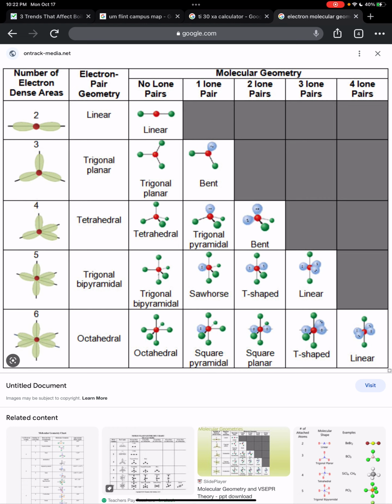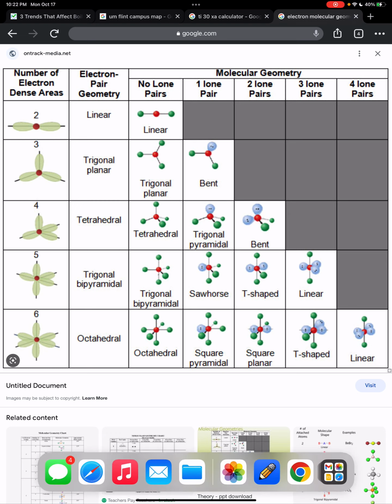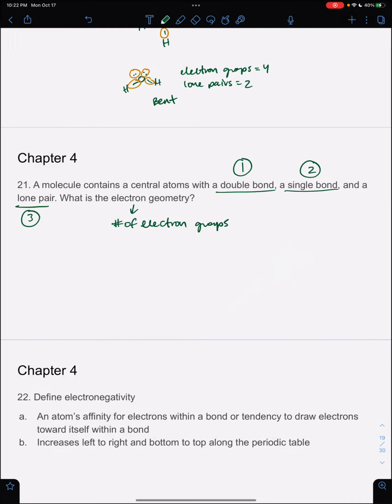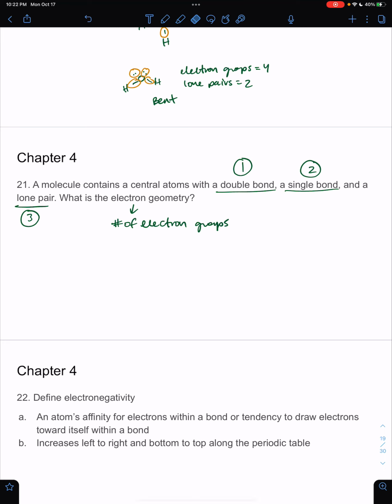It's got 3 electron groups, so that means it's going to be a trigonal molecule. The electron geometry is trigonal, or not sure how she'll word it. It can be called trigonal or trigonal planar. So we can remember that because it has tri at the beginning. It's got 3. That means tri.